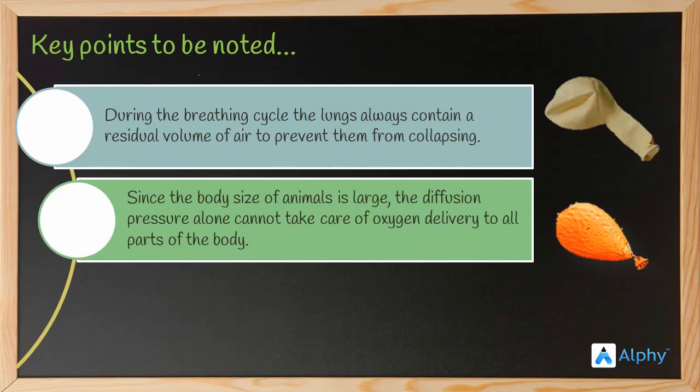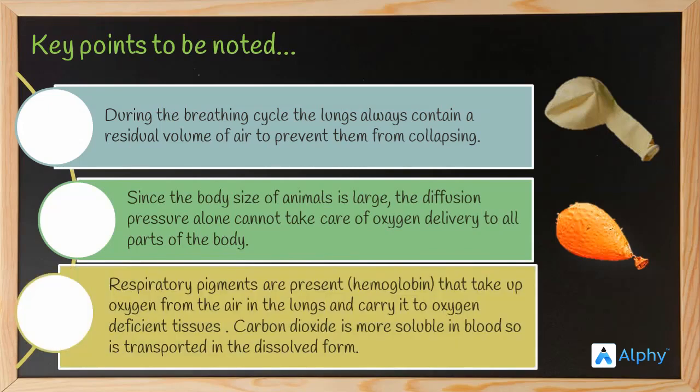It is because diffusion is a very slow process. So for the transport of oxygen, we have a respiratory pigment in our body, which is hemoglobin, and it is present in the red blood corpuscles. And this hemoglobin takes up oxygen from the air in the lungs and carries it to oxygen deficient tissues.